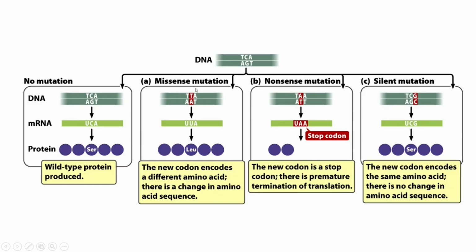Missense mutations are where the new codon encodes a different amino acid and there is a change in the amino acid sequence. We have also talked about nonsense mutations where the new codon is a stop codon and there is premature termination of translation. We have also discussed silent mutations where the new codon encodes the same amino acid and there is no change in the amino acid sequence.